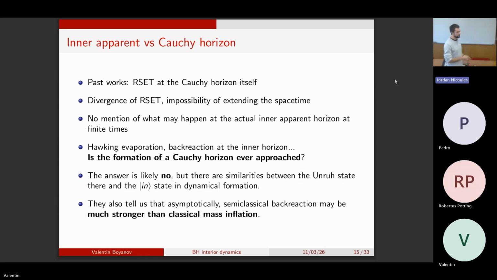Its divergence becomes much stronger than the divergence of the classical source, which leads to mass inflation. So the bunching of the signals of the classical perturbations that stem from the outside becomes subdominant compared to the semi-classical term. And so it's expected that on the dynamical inner horizon, at some point, the semi-classical effect may begin to dominate.